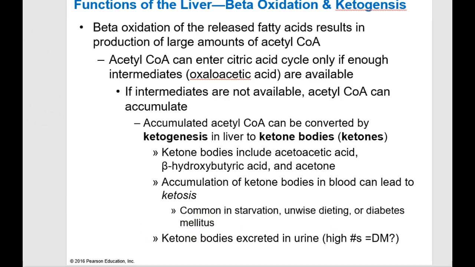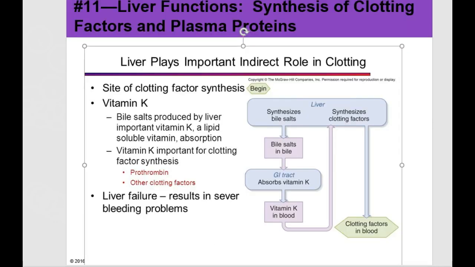So if you do find high levels of ketones in urine, it isn't necessarily to say that the person has diabetes mellitus. There could certainly be an entirely different cause, such as liver failure, but it is one sign that practitioners might look at.